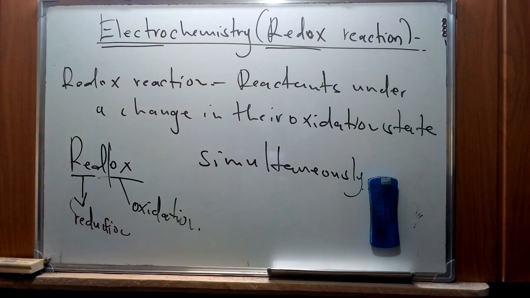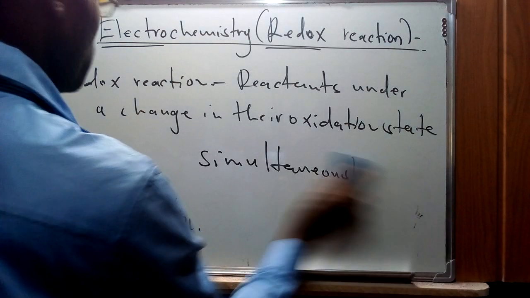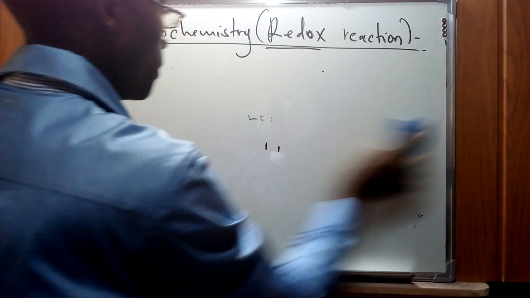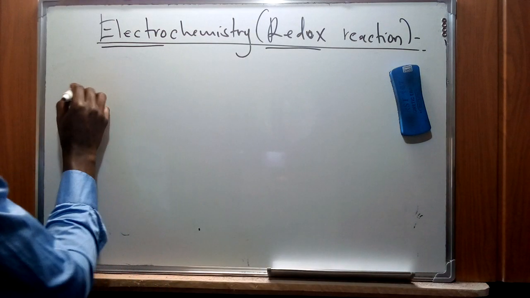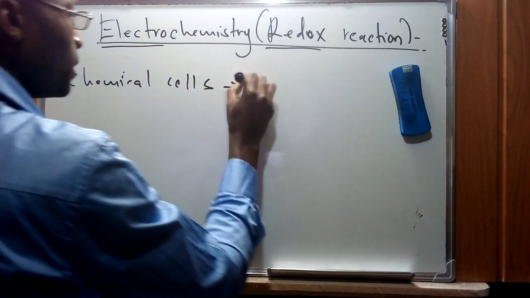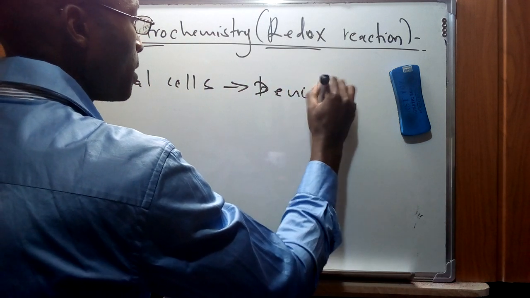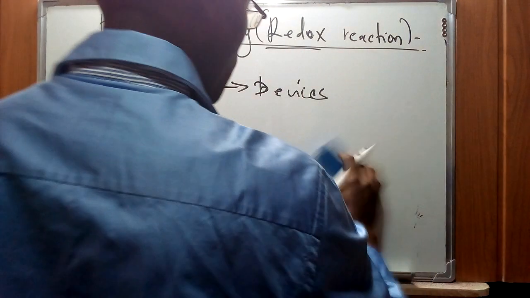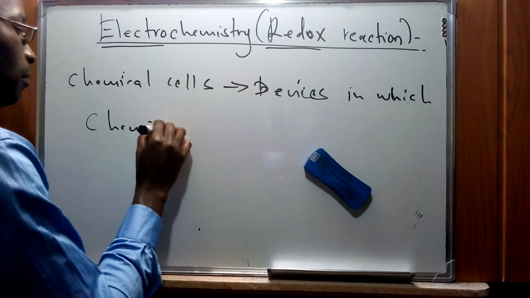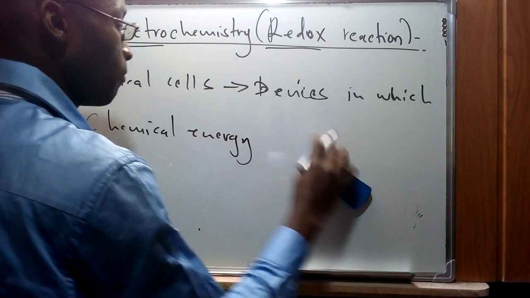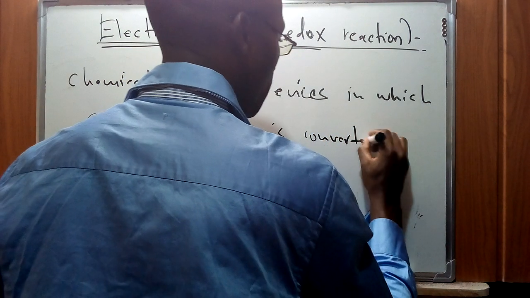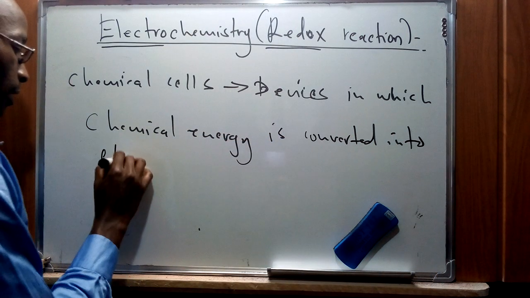And we're going to see that this happens in what we call chemical cells. This process can happen in what we call chemical cells, which are basically devices in which chemical energy is converted into electrical energy.